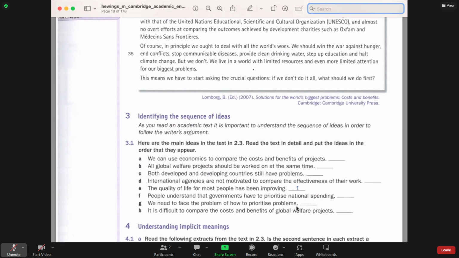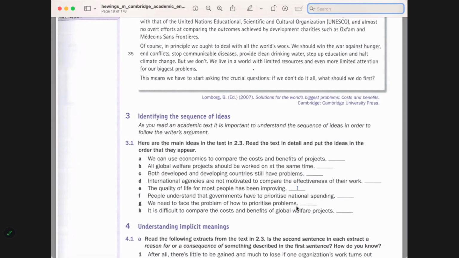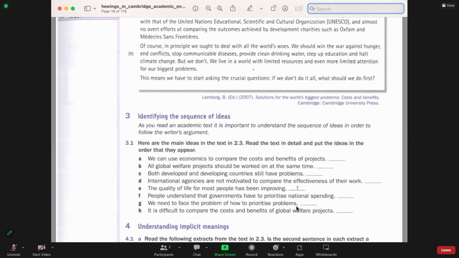So once again, I will repeat. So 1E, yeah. 2, C. Follow and say whether you agree or not. 3A.